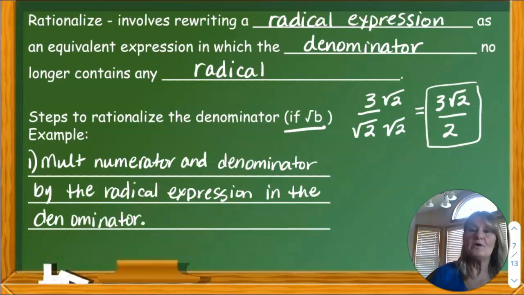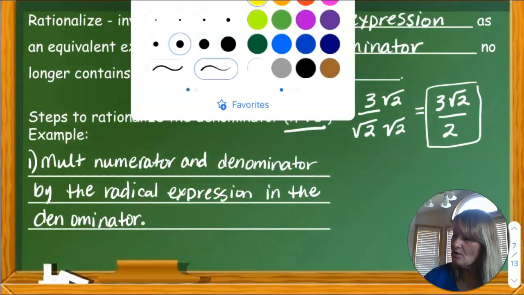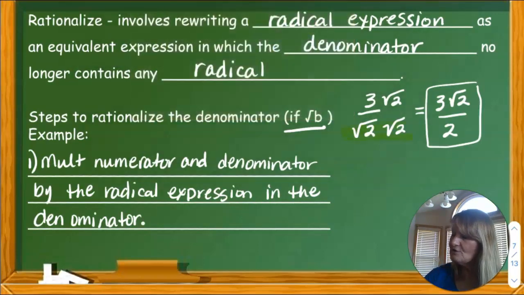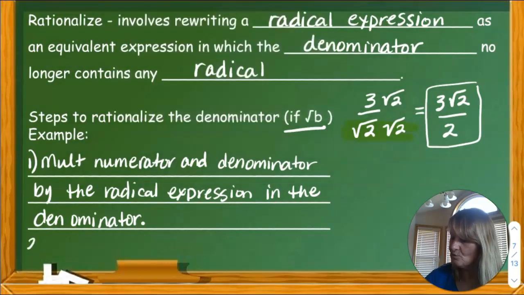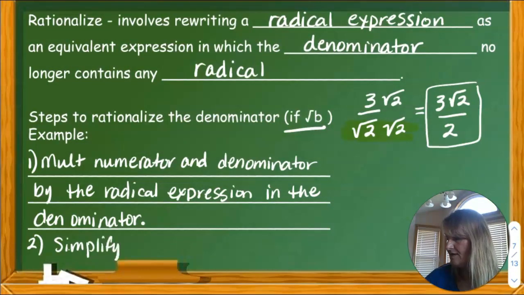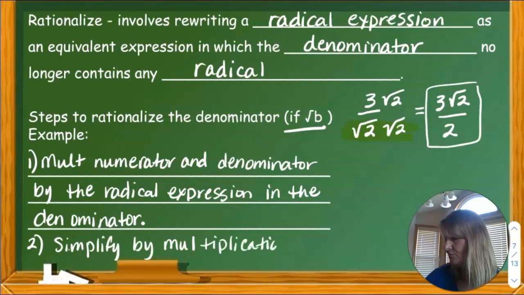Again, the denominator here is our driving force. It's going to tell us what we're going to do. So we're going to multiply here in our denominator. And then after that, we're just going to simplify by multiplication. Again, not too many steps and not very difficult. So hopefully that will make sense.